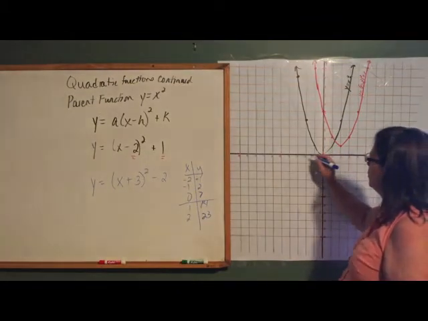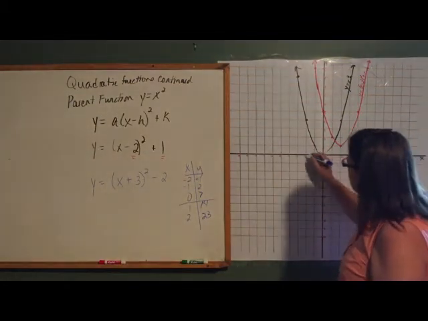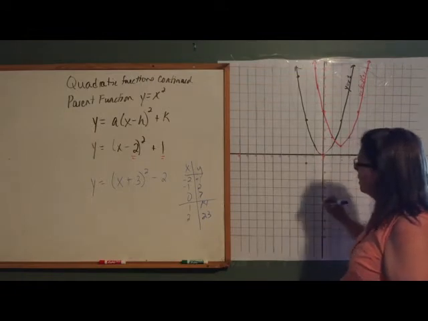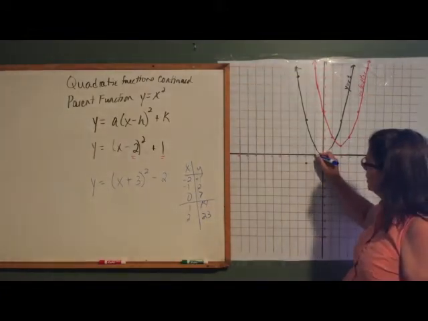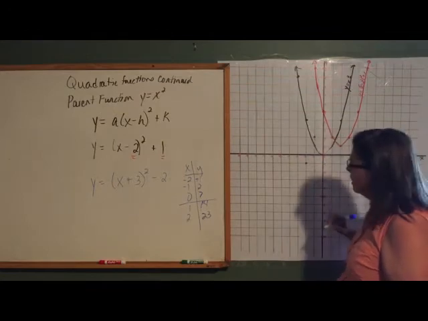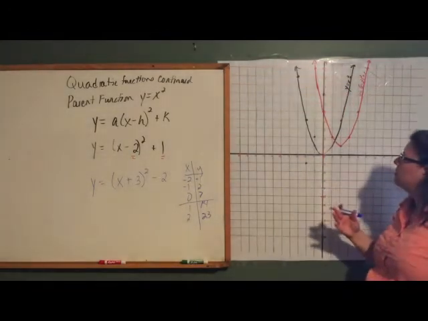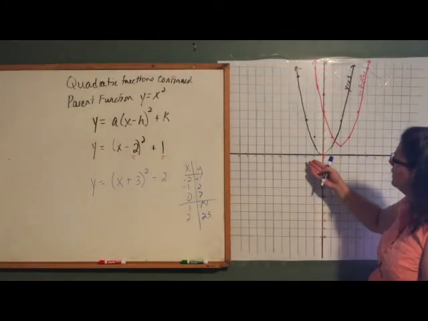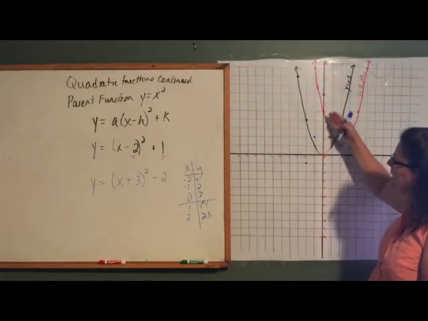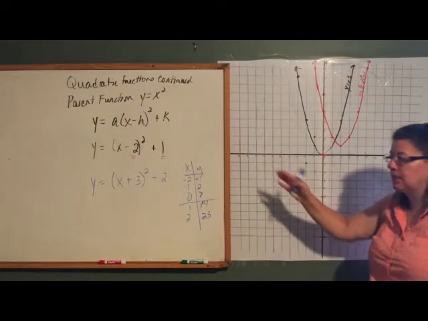Let's see, negative 2, negative 1, negative 1, 2, 0, 7. So it looks to me like maybe we have the right-hand side, but not the left-hand side.